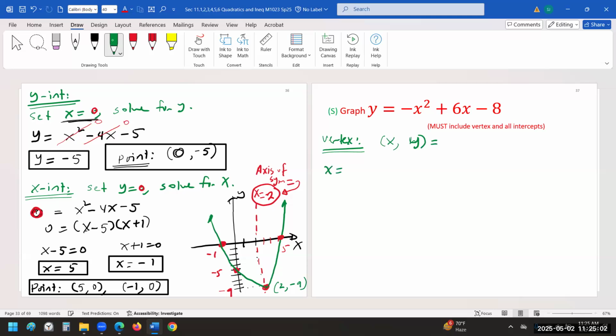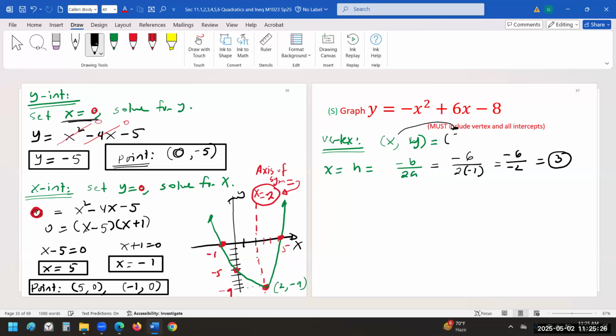Unfortunately, we don't see the vertex directly, so we have to use the formula, negative b over 2a. Our negative b means -6, a means -1, so we get -6 over -2. That gives us 3.